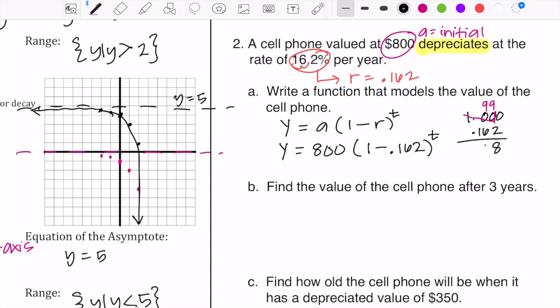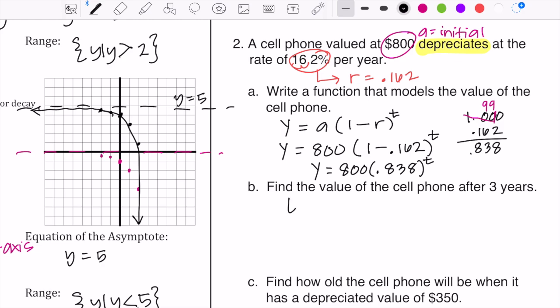So that's going to be 8, that's going to be 3, and that's going to be 8. So if you want, you could write it like this, but I'm not going to take off points if you leave it as that. But just know that on the multiple choice where you will have a calculator, you might see it either way. The next one says find the value of the cell phone after 3 years.